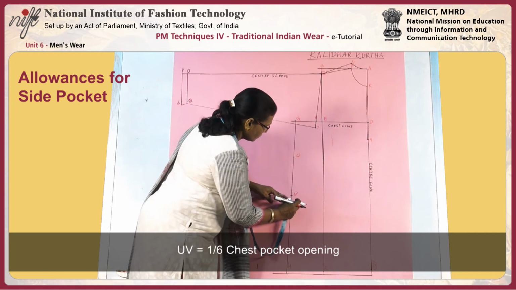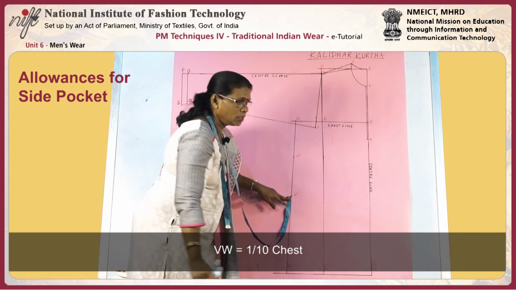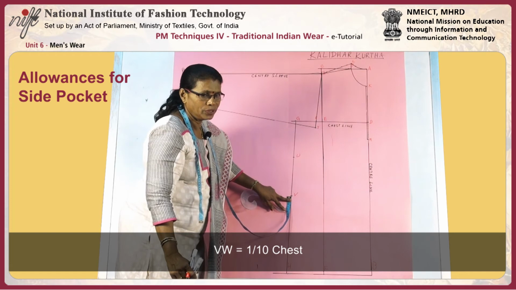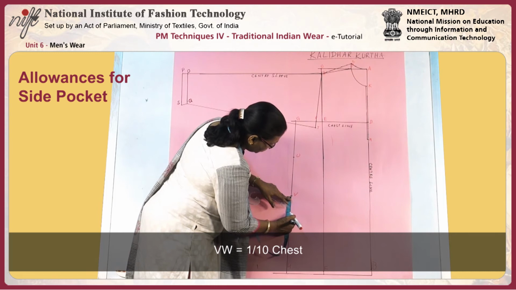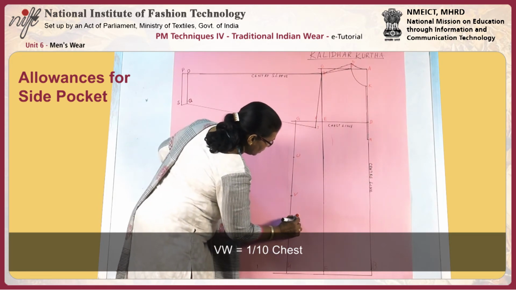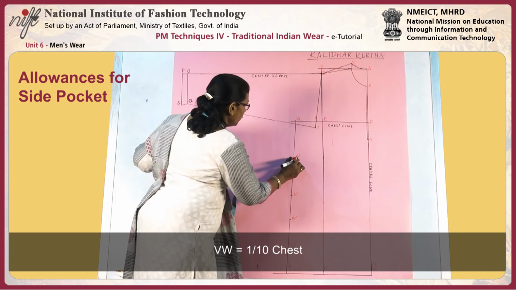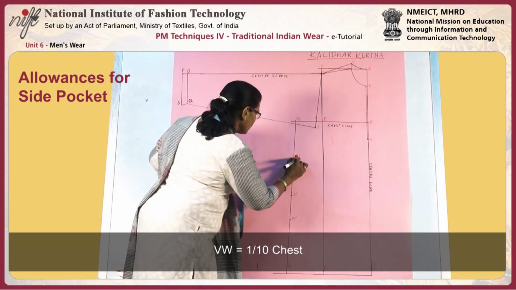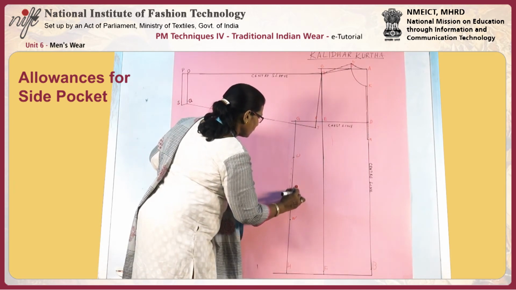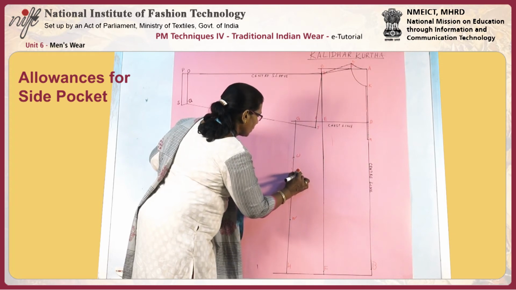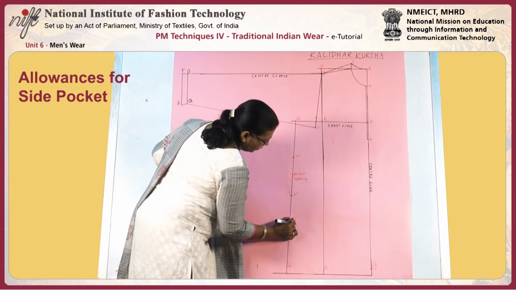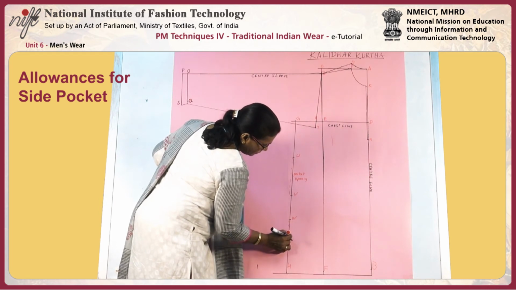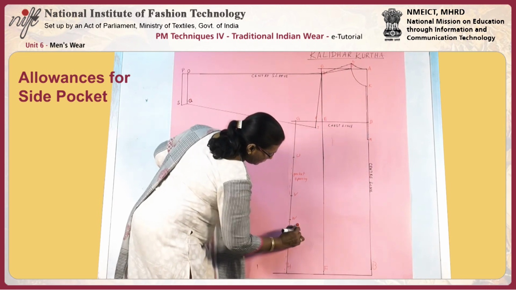Then VW is 1/10 of chest, that is 4.2. This portion is going to be the pocket opening, and this is going to be the side slit.